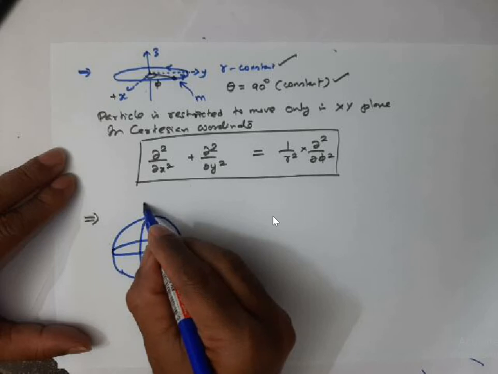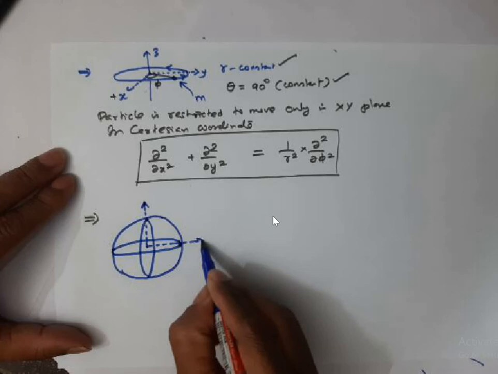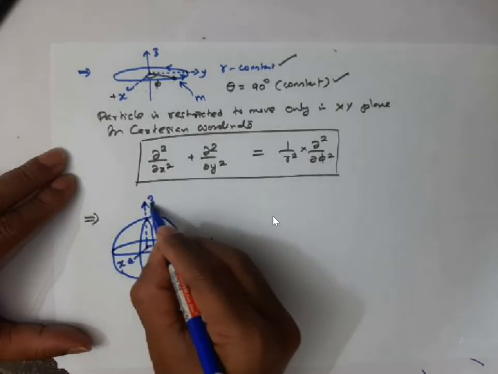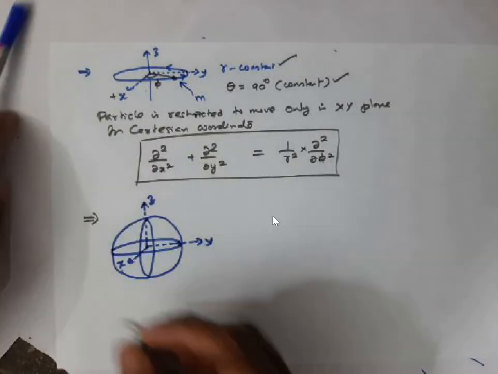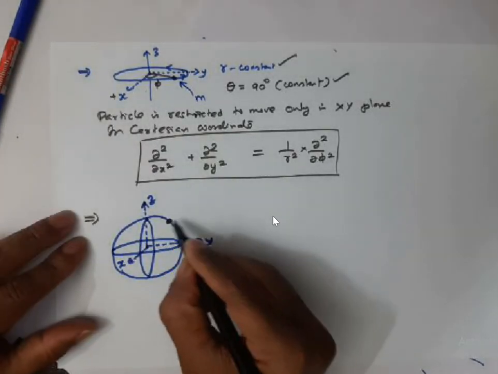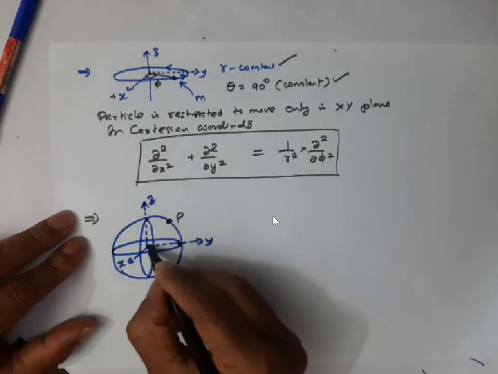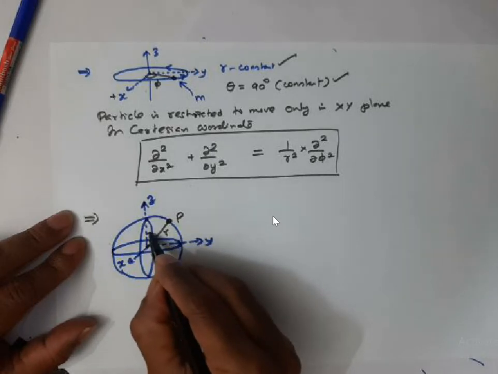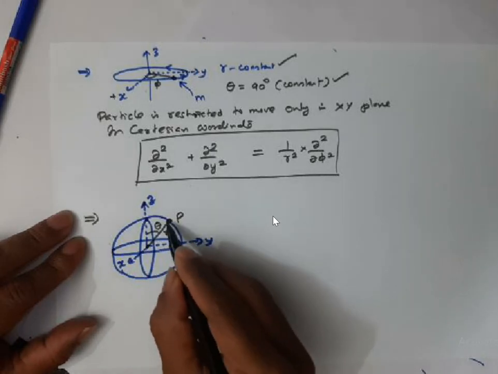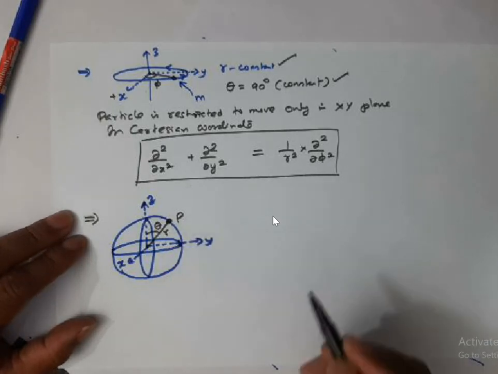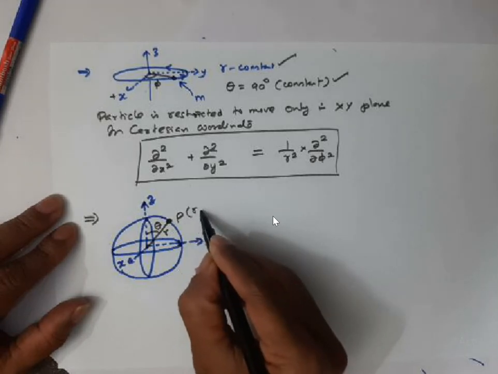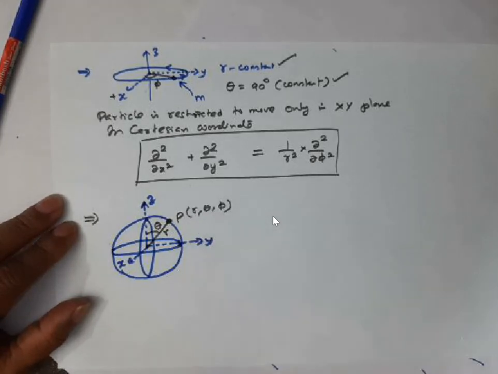Origin, let us take this axis as the z axis, this axis as y, and this axis as x. Now I'll take some point P here, and connect this point to the origin. The angle between the plus z axis and this line is theta, and for the phi angle, you have to draw a projection. So this point has three coordinates: r, theta and phi.